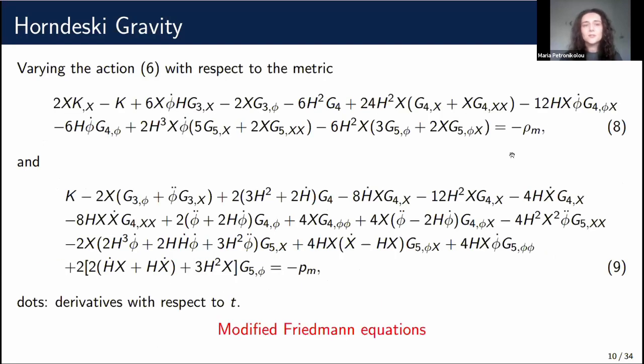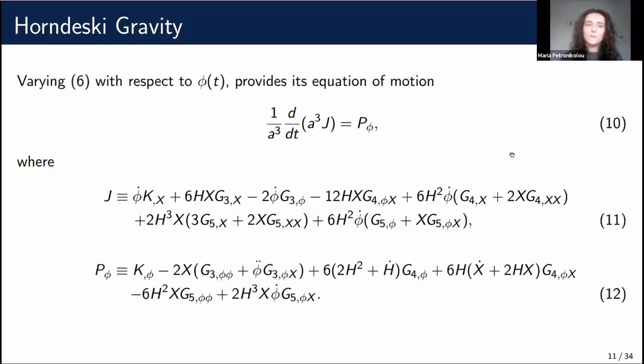If we vary the action that I already presented with respect to the metric, we can obtain the generalized modified Friedmann equations in the framework of Horndeski gravity, equations 8 and 9. Again, if we vary the action with respect to the scalar field, we obtain the equation of motion for the scalar field, equation 10, where the terms J and P_phi are given by expressions 11 and 12.